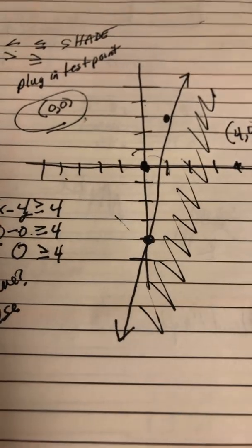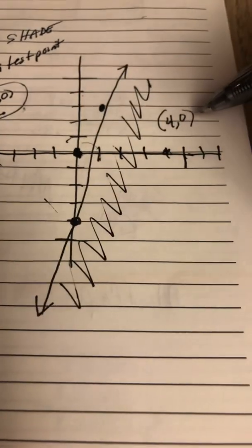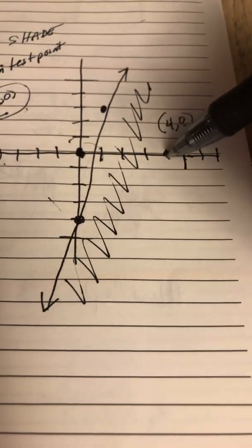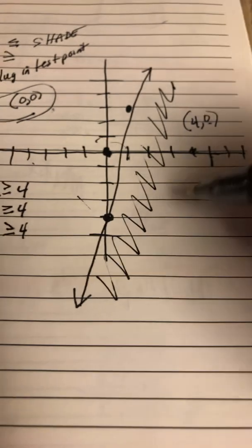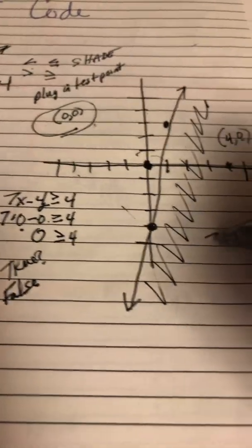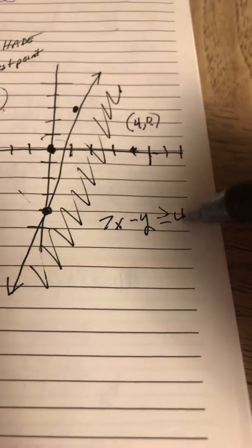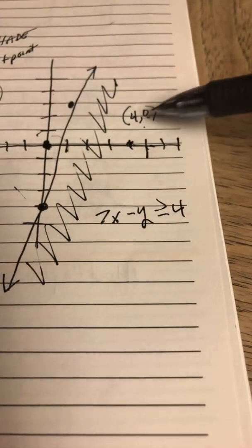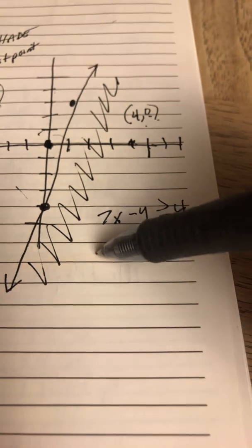We don't have to find something that does work, but I will show you. Since this spot right here is on this side of the line, if we had chosen this instead and plugged it into the equation, the 7x minus y greater than or equal to 4, if we had plugged in 4 for x and 0 for y, watch what would happen.